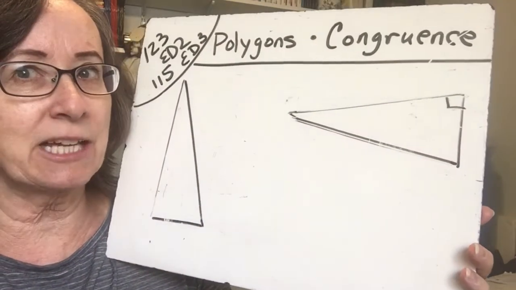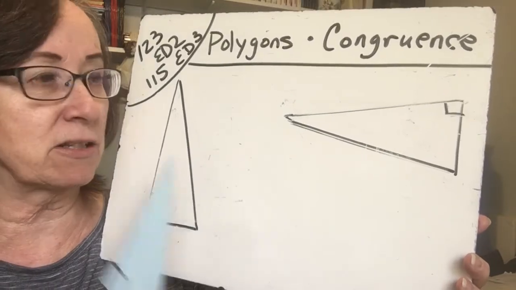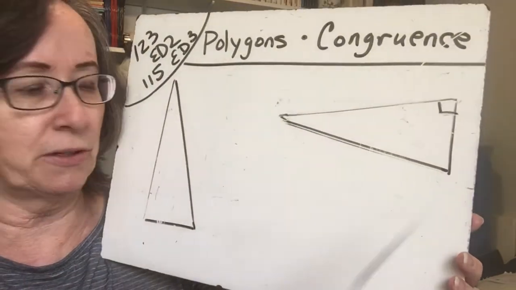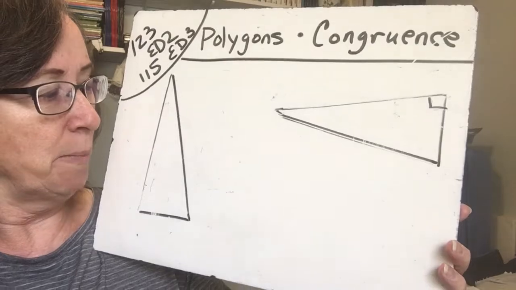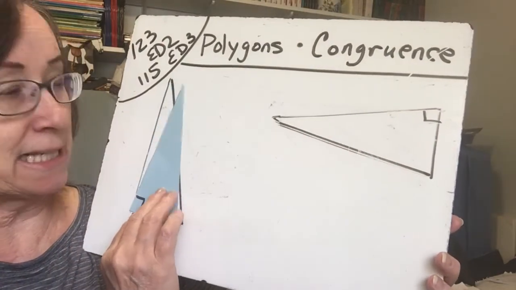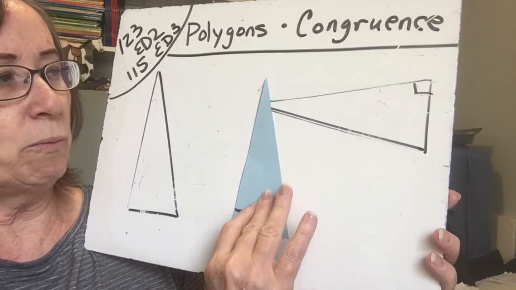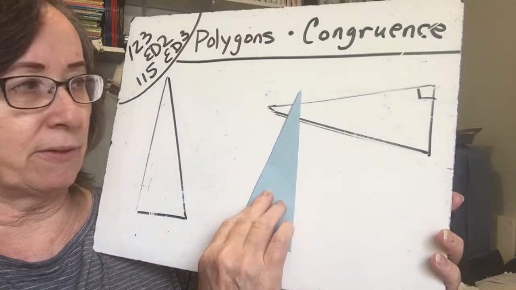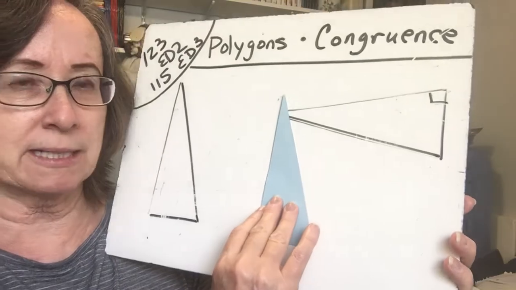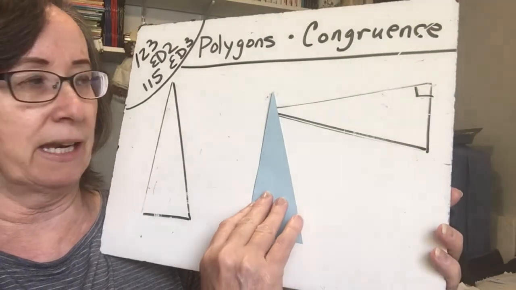Well, translation simply means to move something, and it's obvious that we're going to have to move this triangle over here. But even if we just slid this triangle over here, we would not be in the position of the other triangle. So we know we need a translation, but a translation is not enough.